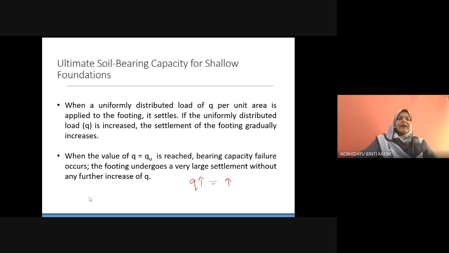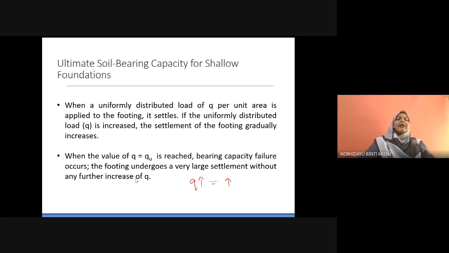Okay, when the value of Q equals Qu, the ultimate soil bearing capacity, bearing capacity failure will occur.